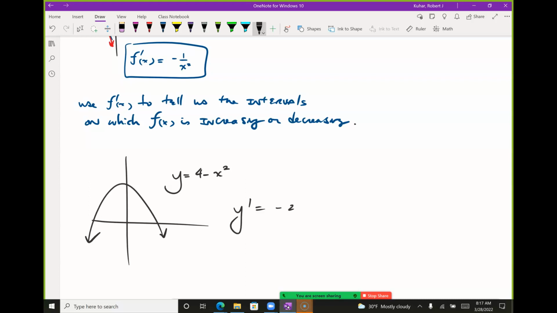Well, it looks like negative 2x. Negative 2x, not positive 2x, sorry. Negative 2x is decreasing.